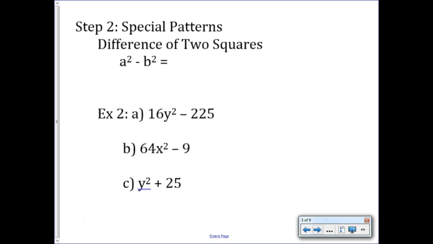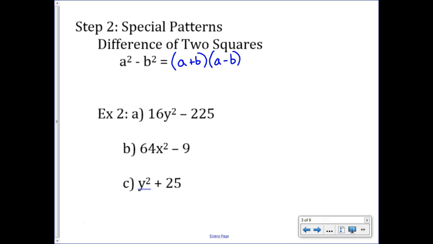The next thing we look for is whether or not there are any special patterns that exist. One special pattern that we know of is the difference of 2 squares, and that's when you see 2 squares being subtracted. That's what difference tells us. So a squared minus b squared will always factor into a plus b and a minus b.